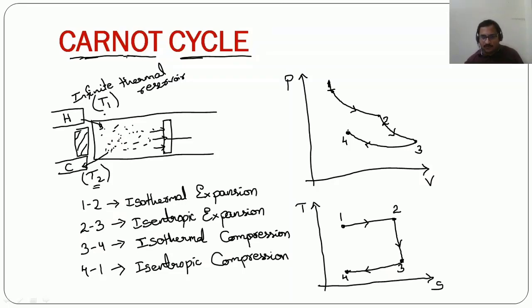So therefore 4 to 1 we are going to get like this. Now in the TS diagram, this 4 to 1 process is represented by a vertical line like this.